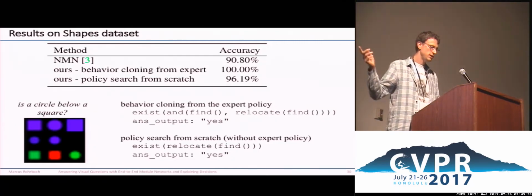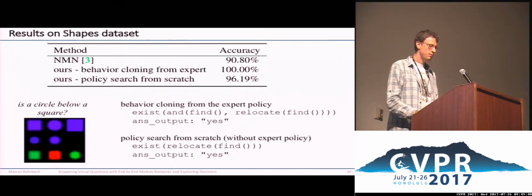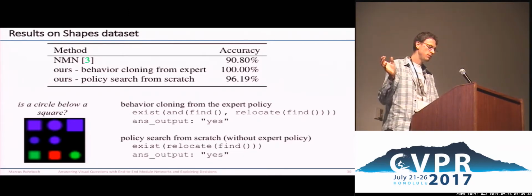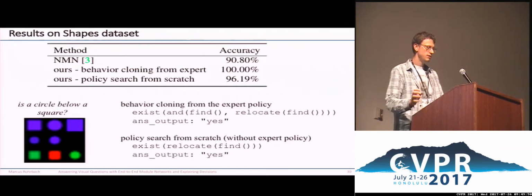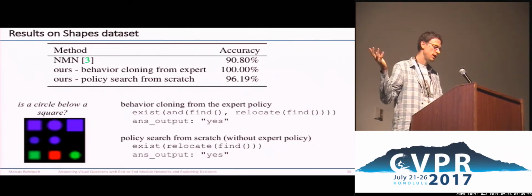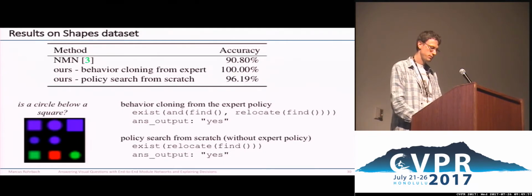Here you see two examples of the two different setups, behavior cloning from the expert policy and policy learning from scratch. We see that typically the policy learning from scratch finds simpler execution graphs. In this case, both answered correctly.